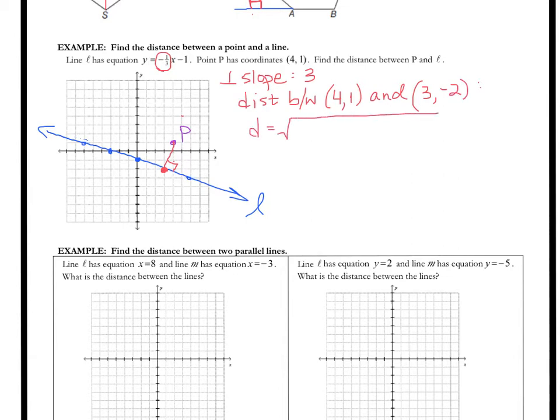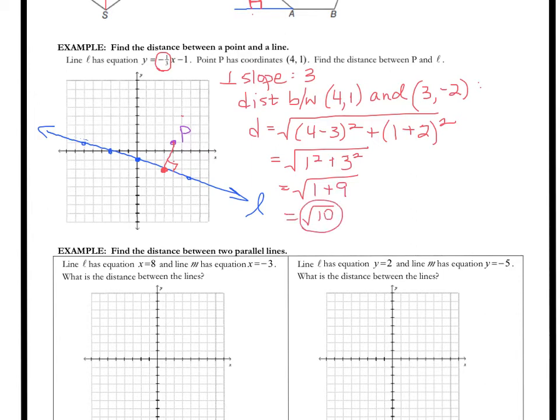We would go 4 minus 3, quantity squared. Remember, you subtract the coordinates and square them, and then you add the difference of the next one. So it would be 1 minus negative 2, or 1 plus 2. So the square root of 1 squared plus 3 squared will be the square root of 1 plus 9, which is the square root of 10. That's how far away point P is from line L.